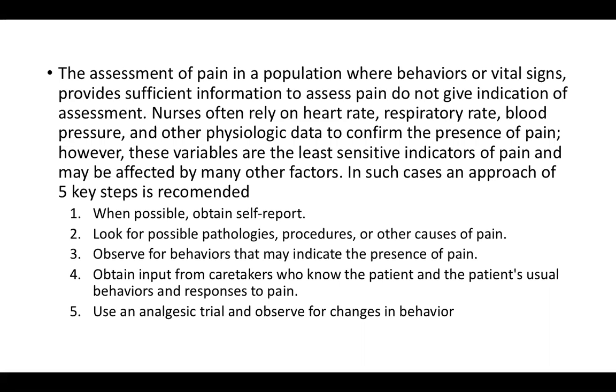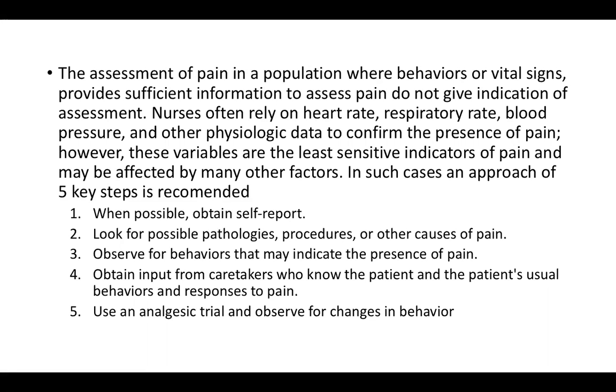So they say there are about 5 key steps recommended in such a case where you do not know how to assess. Number one, when possible, ask for self-report. But if it is not possible, look for possible pathologies, procedures, or other causes of pain.